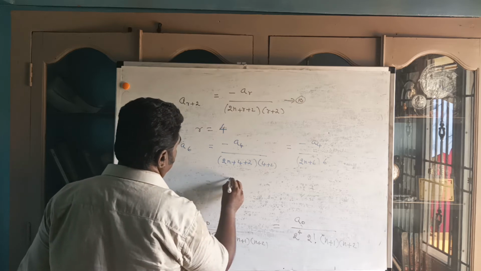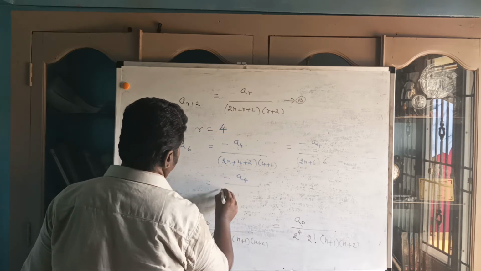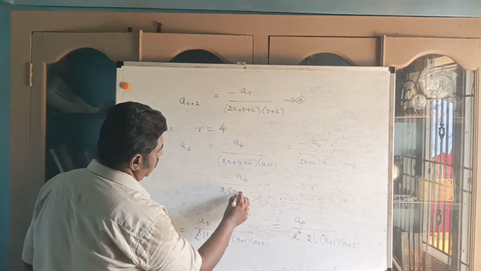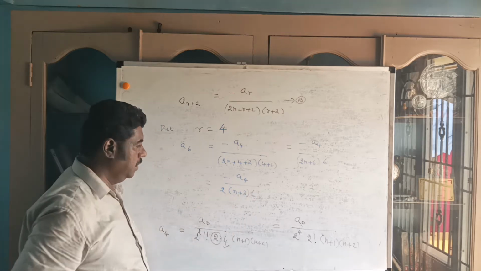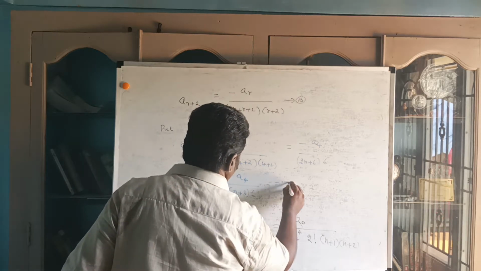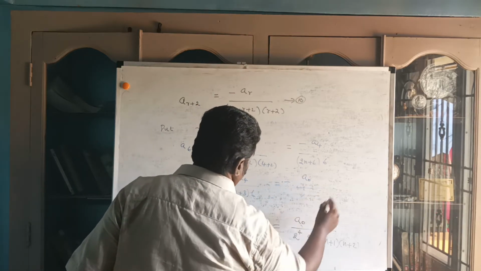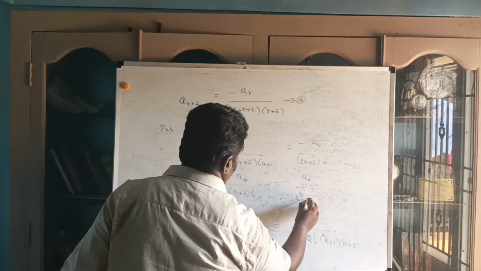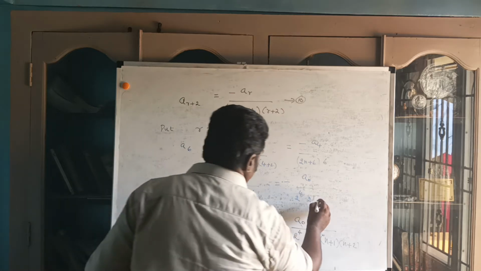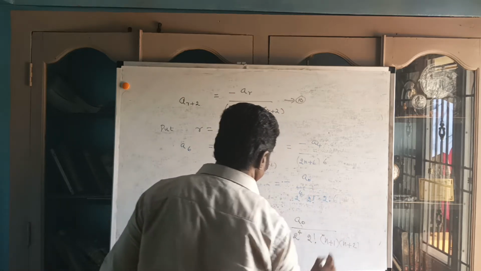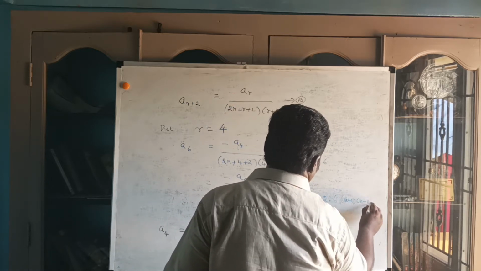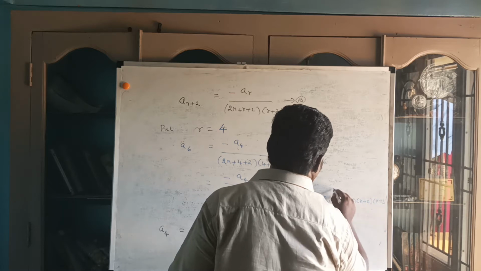Taking 2 outside, this is minus A4 divided by 2 into (n + 3) into 6. Now we substitute the value of A4. This is equal to minus A0 divided by 2 power 4, 2 factorial is 2, then 2 into 6, then the rest of the terms are (n + 1) into (n + 2) into (n + 3).